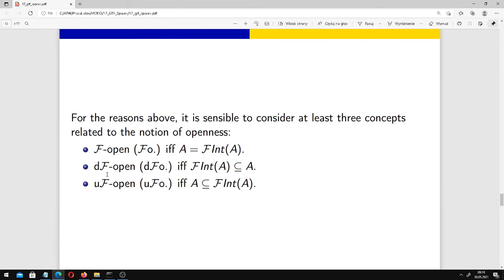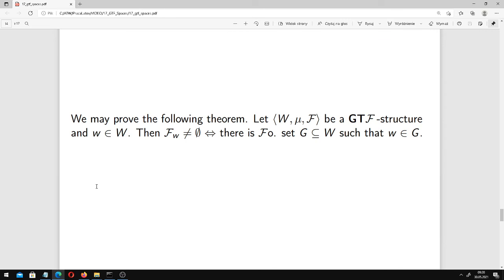For the reasons above, it is sensible to consider at least three concepts related to the notion of openness, and they have been extensively discussed in our paper: a set can be F-open, downward F-open (DFO), and upward F-open (UFO). We may prove the following theorem.